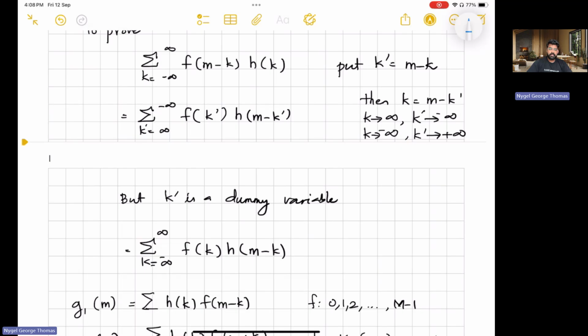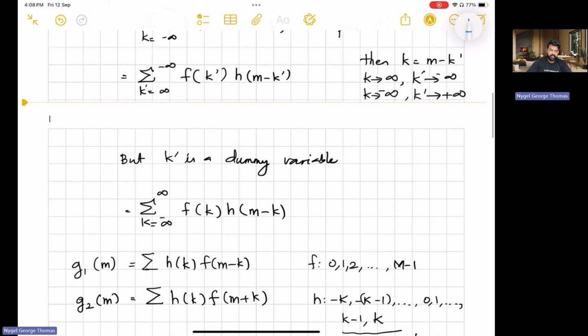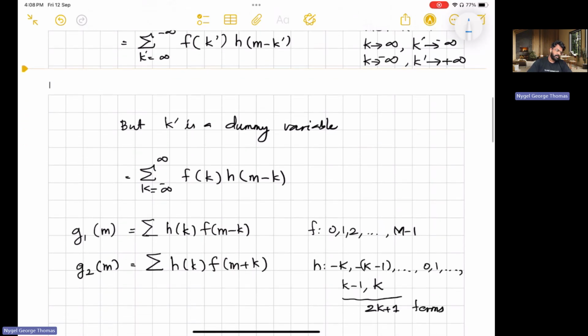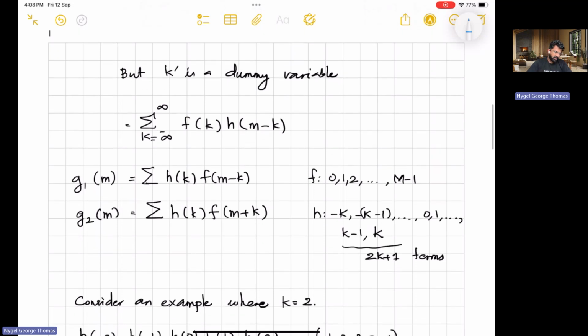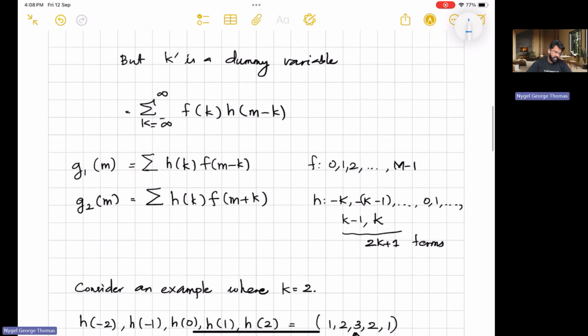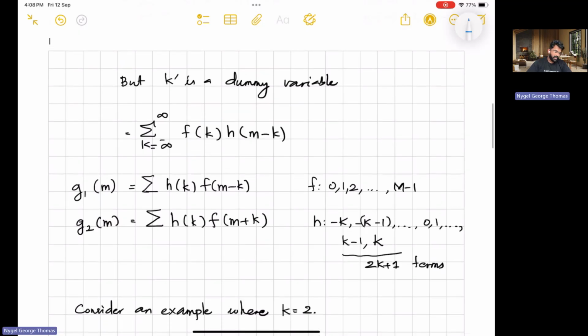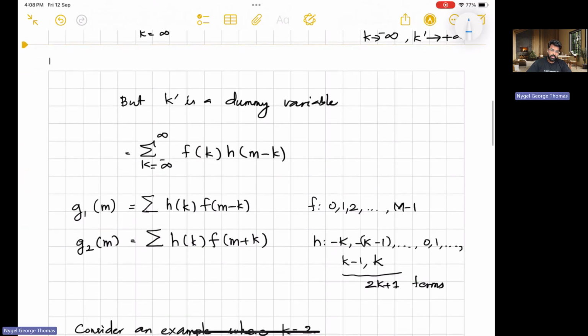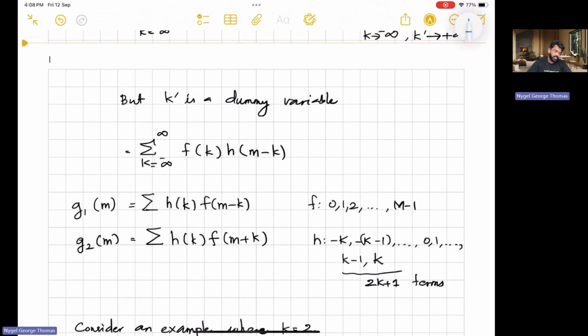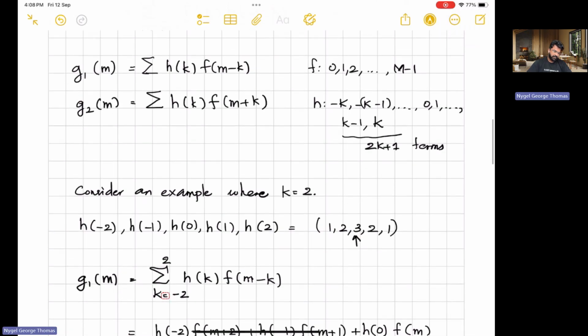Since it's a discrete summation, the lower and upper limit order does not have a major impact; we are just summing it up. And k dash is a dummy variable, so we can always change it. It is the same as the sum over k from minus infinity to plus infinity of f of k into h of m minus k. Which basically means both these convolutions are the same, even though you interchange the functions.